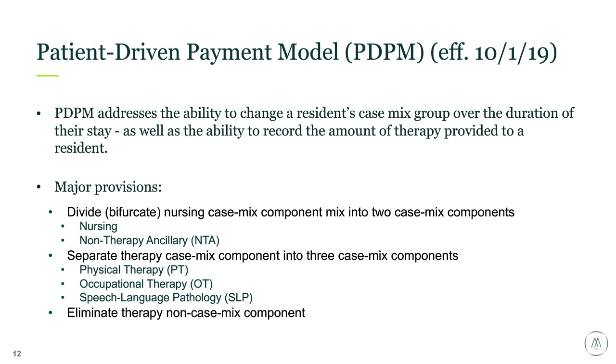But there's also a new category known as non-therapy ancillary, and this is where facilities are going to be able to account for complication and comorbidity items such as HIV/AIDS, COPD, and diabetes. They're going to be able to capture a certain amount of reimbursement from additional factors beyond just normal ADL and therapy-related services.